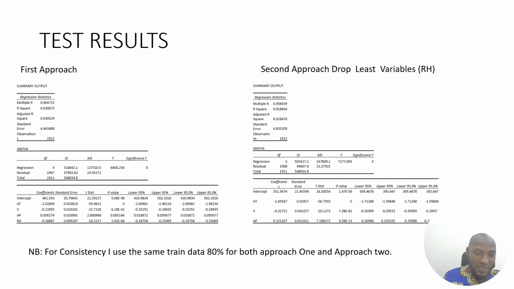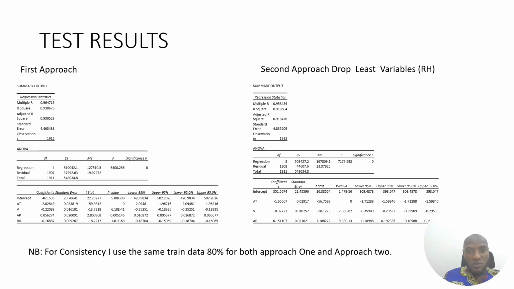Atmospheric temperature has a negative impact on the output PE, and V also, and the relative humidity. From the analysis itself, you can see that the least variable, which is the relative humidity RH, has a coefficient of negative 0.16.